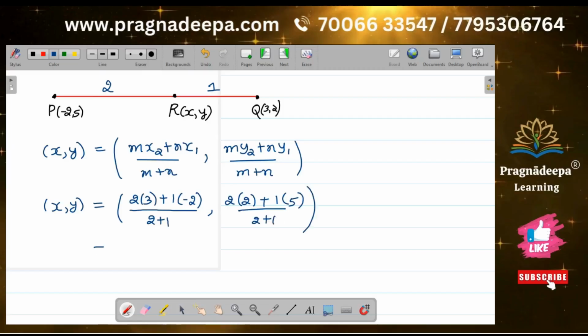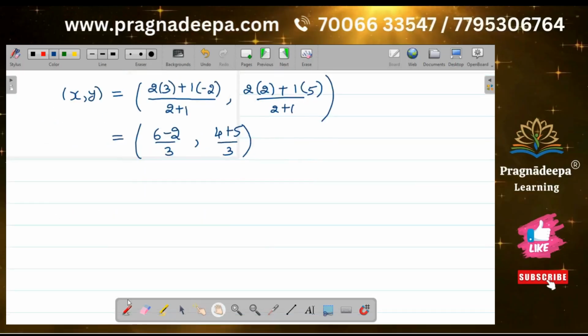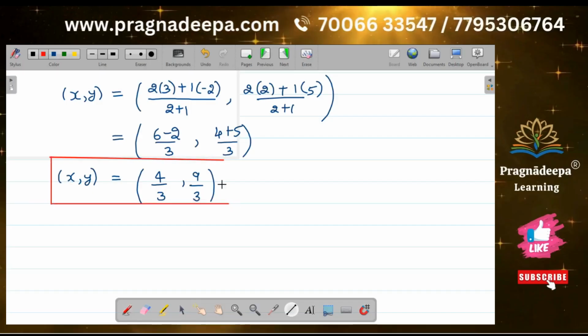This simplifies to 2 threes are 6 minus 2 divided by 3, 4 plus 5 divided by 3. 6 minus 2 is 4, so 4 by 3 comma 9 by 3. Therefore the coordinates of R will be 4 by 3 comma 9 by 3.